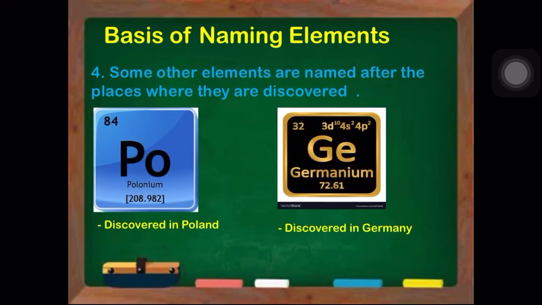Some other elements are named after the places where they were discovered. For example, polonium, discovered in Poland. Another example, germanium, discovered in Germany.